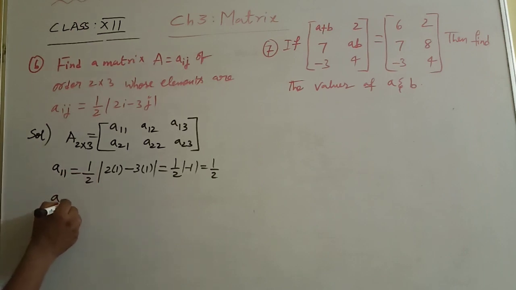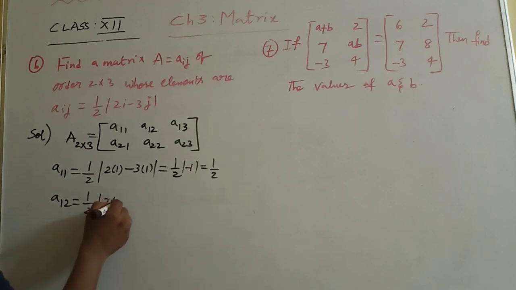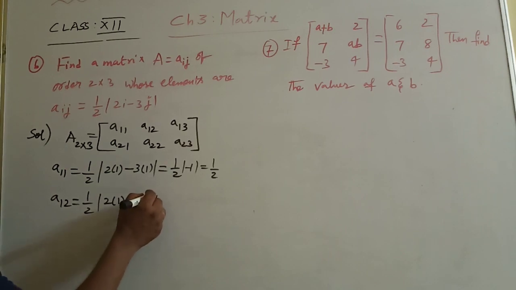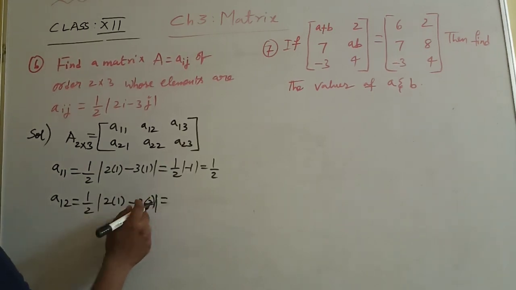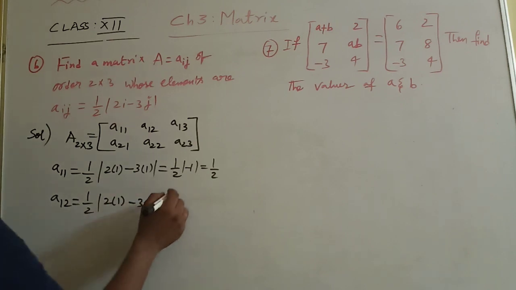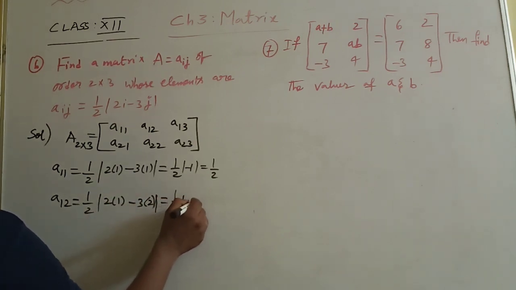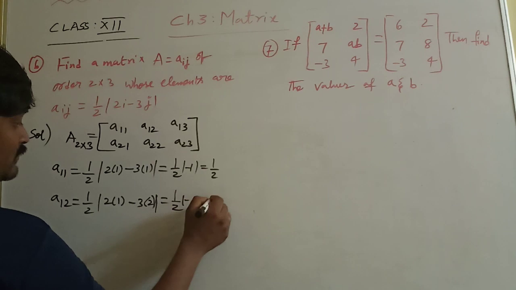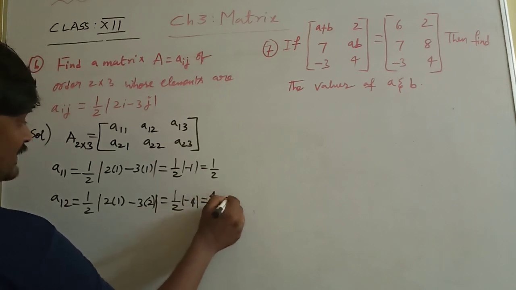Then next, a12. Half modulus of 2 into 1 minus 3 into j, which is 2. 2 3s are 6 and 2 1s are 2. So minus 6 plus 2 is nothing but minus 4. The modulus of minus 4 is plus 4, so we can write it as 4 upon 2, which is 2.